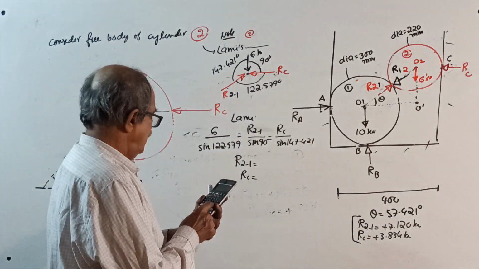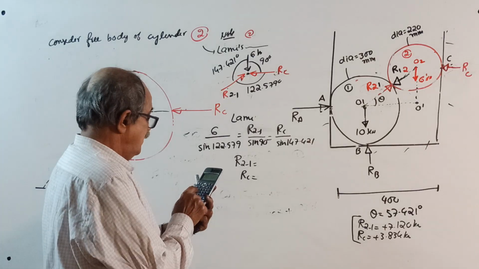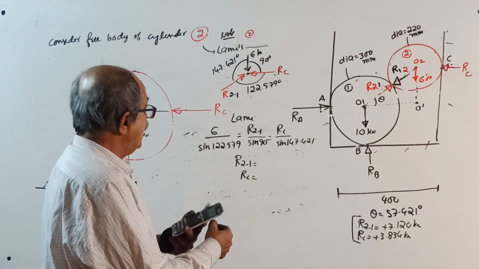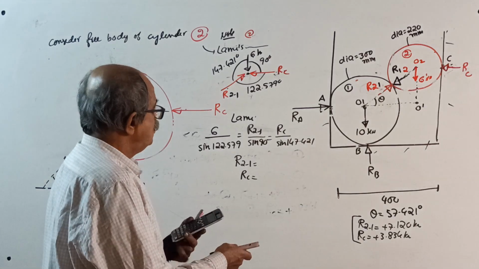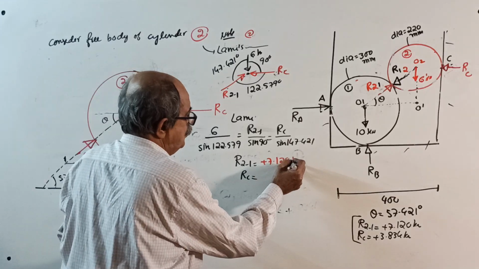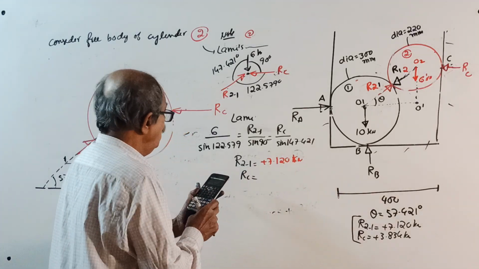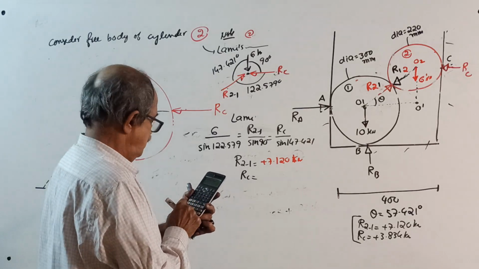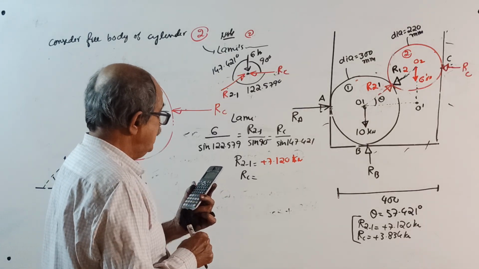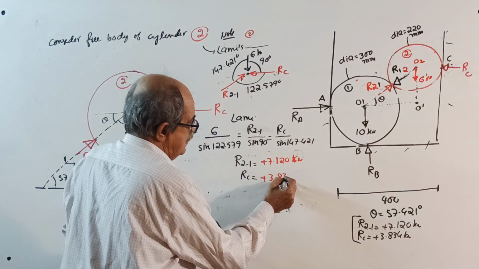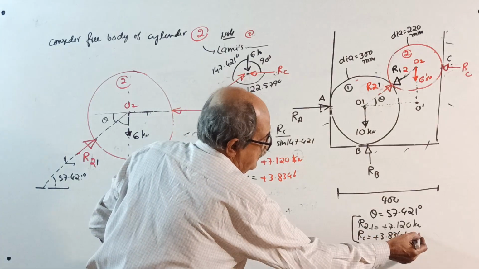Actually not required. 6 divided by sine 122.579 equal to 7.120, that is R21, plus 7.120 kilonewton, into sine 147.421 will give you 3.834, the other answer, plus 3.834 kilonewton, exactly the same answer.